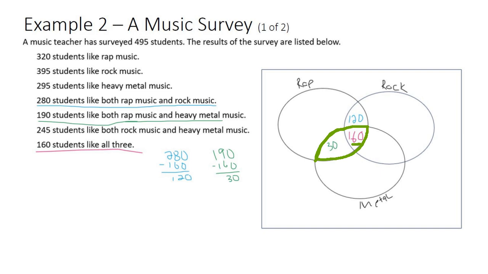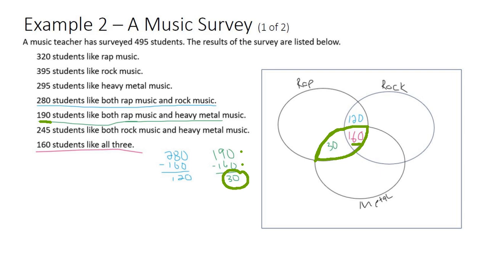So what we can do is take the 190 students right here and subtract the 160 that are sitting there already. So that's going to tell me that I need 30 students to be placed in this area. So you have 30 students who like rap and metal, but then you have 160 that like all three. So together, the 160 and the 30 gives you the 190.